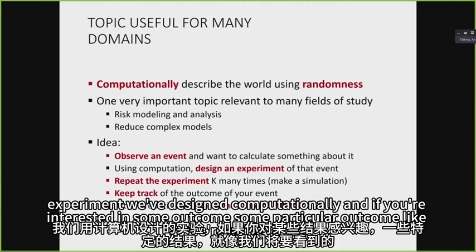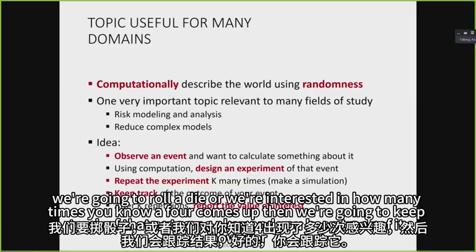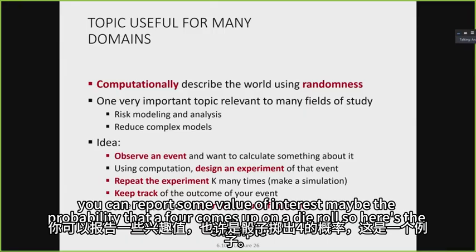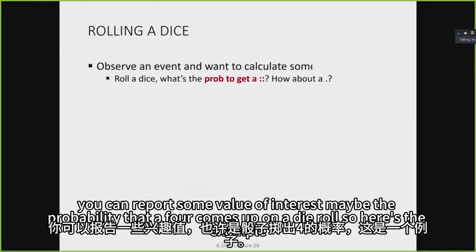If you're interested in some particular outcome, as we're going to see, we're going to roll a die, and we're interested in how many times a 4 comes up, then we're going to keep track of that outcome, however many times it happened in your whole bunch of repetitions. After the end of the repetitions, you can report some value of interest, maybe the probability that a 4 comes up on a die roll.